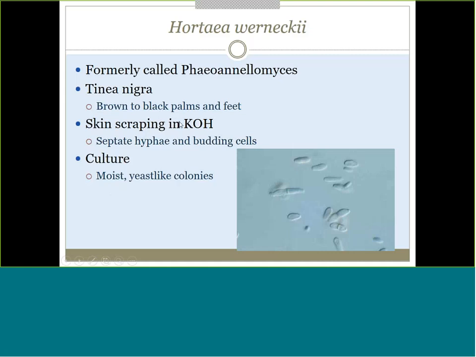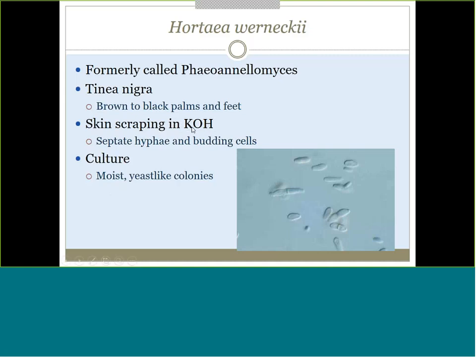So oftentimes we do skin scrapings to identify dermatophytes in a KOH prep. So KOH is potassium hydroxide. You add the skin scraping onto a microscope slide, you put a couple drops of KOH on there, and it dissolves any other cellular elements, and that way if there is mold or yeast present, they can come through better and you can see them better because it gets rid of all the other stuff.